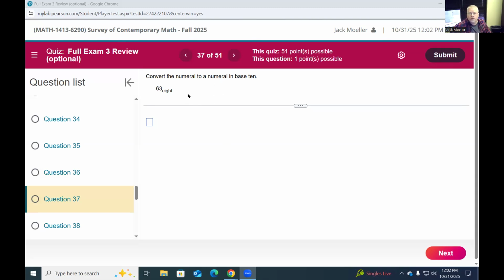All right, so this one is convert 63 base 8 to base 10. So how do we do that?